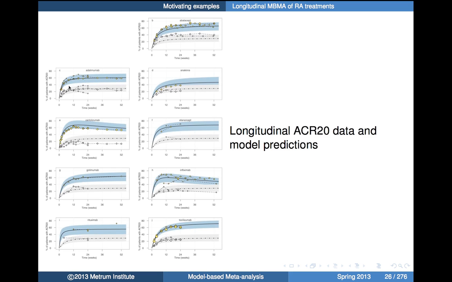You can see the model predictions shown here as curves with the shaded area around them. I don't recall how broad these were. I think these were probably like 90 or 95% prediction intervals around these. And you can see that compared to the observed data here. So these illustrate the model fits.